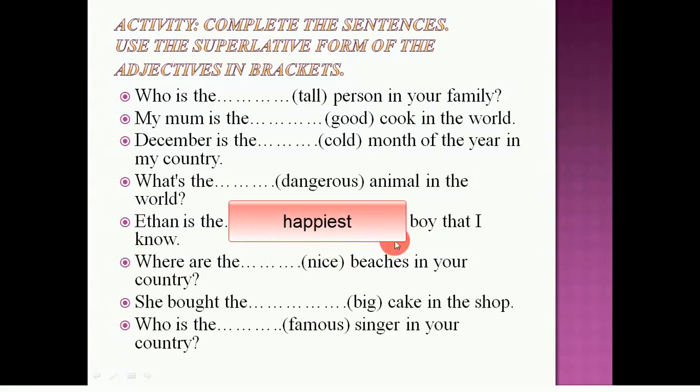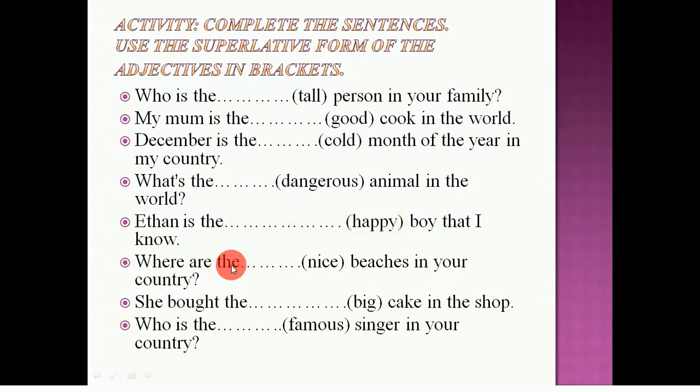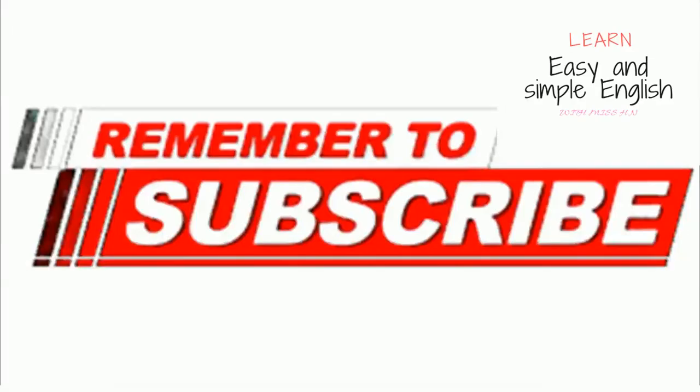Happiest, هنا we drop the Y and we replace it with I. Where are the nicest beaches in your country? Nicest, هنا we write it just with the ST. She bought the biggest cake in the shop. Biggest, we double the last G. Who is the most famous singer in your country?